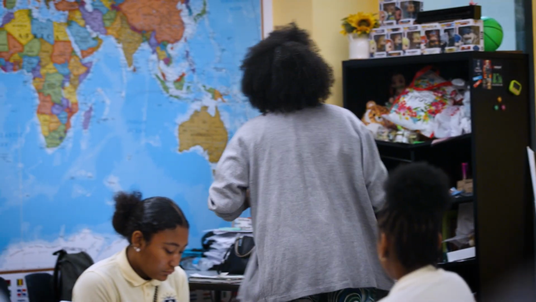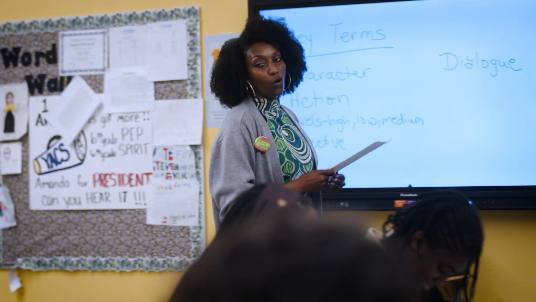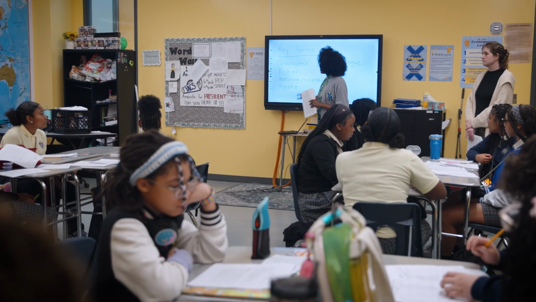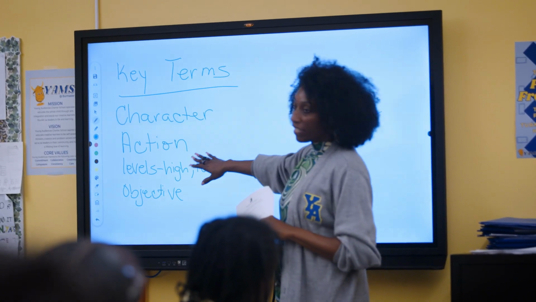Okay, so now we're gonna work on creating our scripts. This is where you're going to show us and not tell us. So I want you to look at the board for the key terms. When they start screenwriting, I give them a couple words to focus on and keep in mind. The character, the objective, always keep in mind, what's your objective? What do you want us to get from what you're giving us?